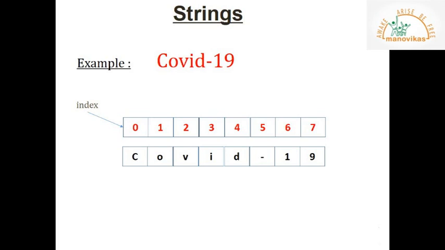Even if you are using a function for manipulation of strings, the original string remains unchanged unless you assign it to the original string variable. The string remains unchanged, so we call string in Java immutable.